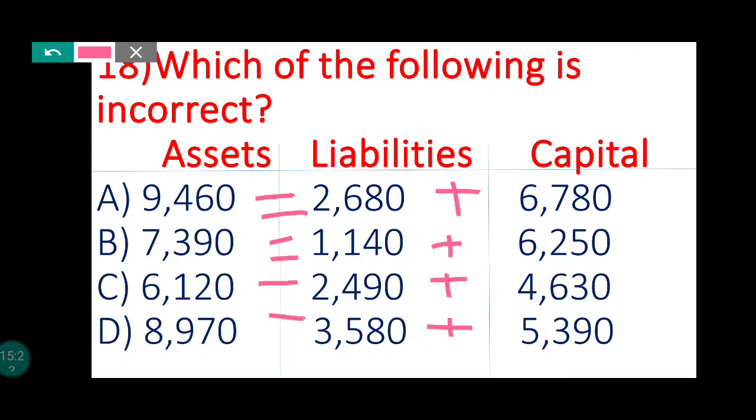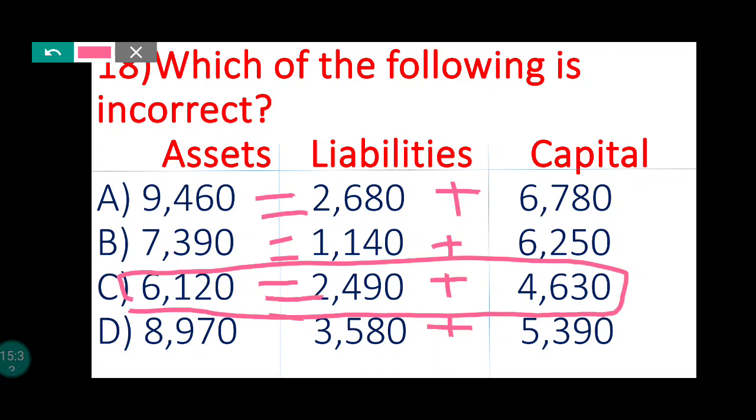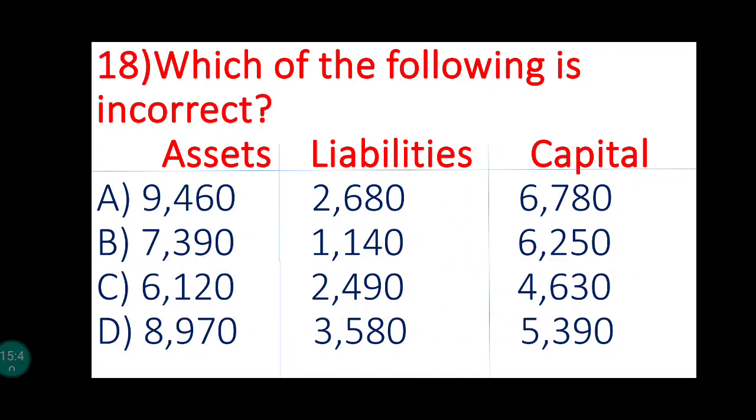Now C is given, liability is 2490 and capital is 4630. When we total this, we get not 6120 but answer comes as 7120.